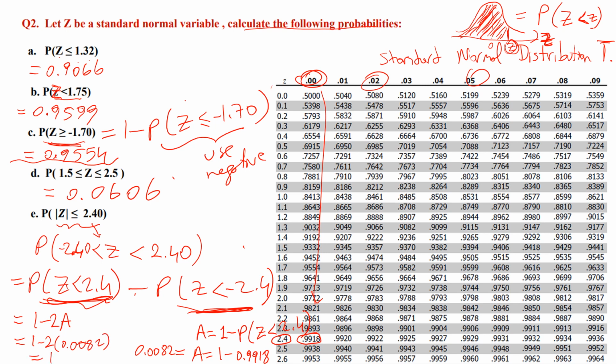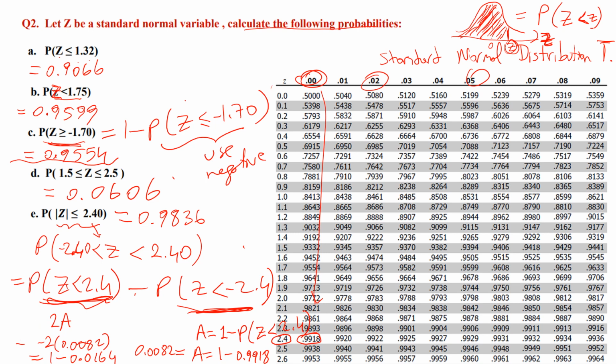This will be 1 minus 0.0164, and which is equal to, as a last answer, I will say this is 0.9836.